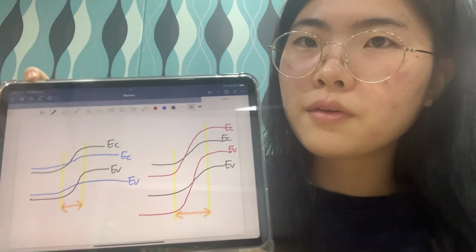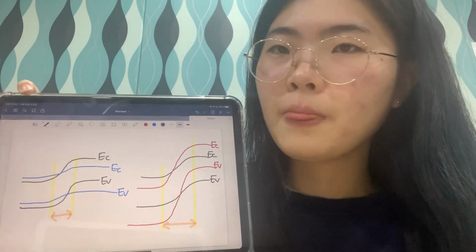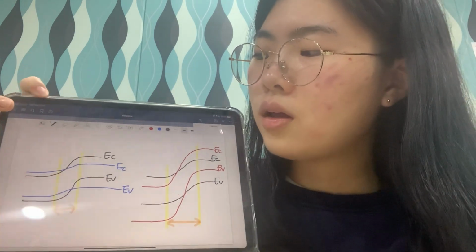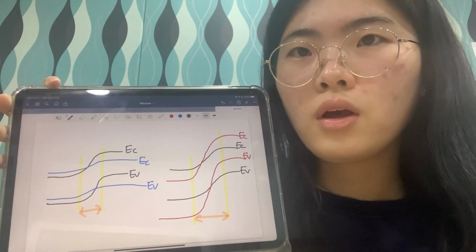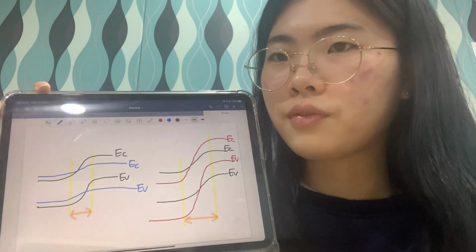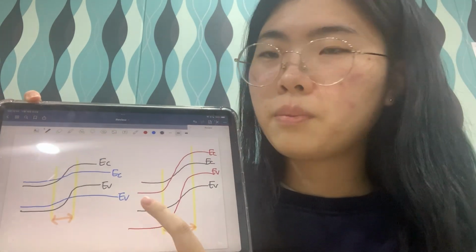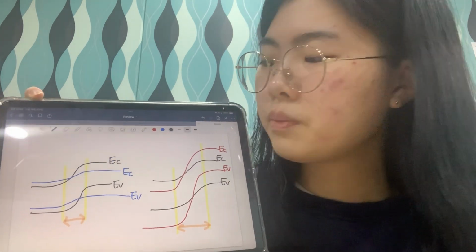The black graph is before and the blue one is after we apply the positive voltage. The junction potential will be reduced after we apply the positive voltage, so the depletion width will be smaller than before.